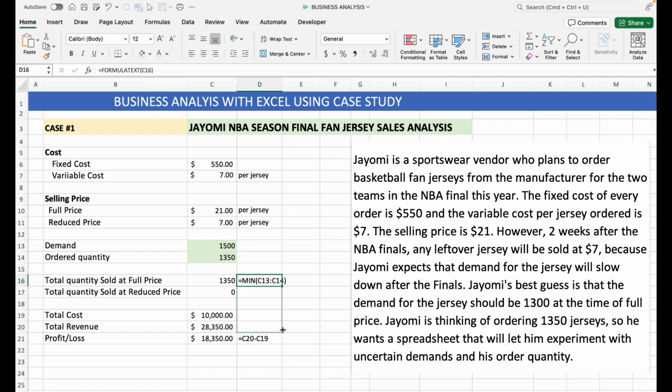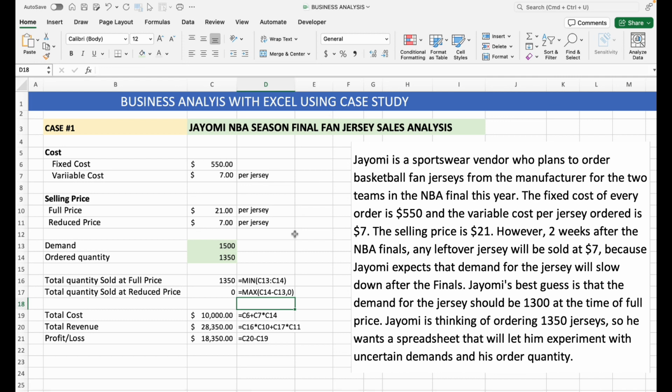So you can see all our formulas. So if this is changed to 1,300, you can see what his profit will be. If there is a demand of 1,000, this is what his profit will be. So this is a typical case of a business analysis that we've just solved.